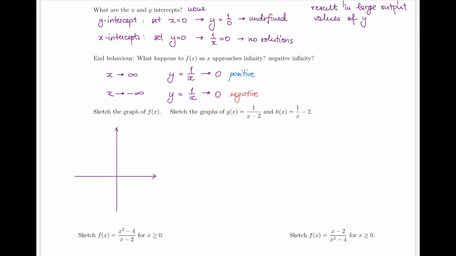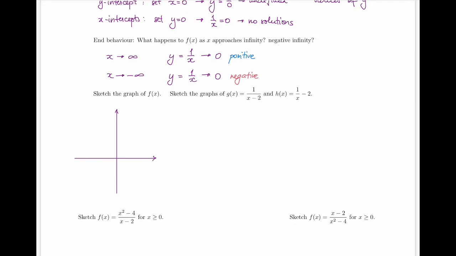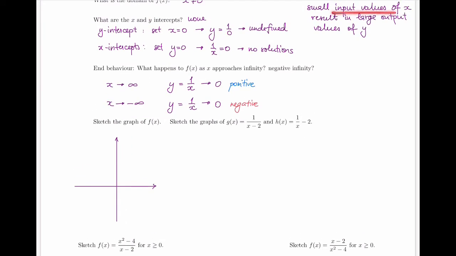Now, I know from above that the domain is all x's not including 0, which means that the line for x equals 0 is not going to get crossed by the graph at any point. I also know that when I have small values of x, so as my x is near the origin somewhere, the result is large values of y, somewhere up there.